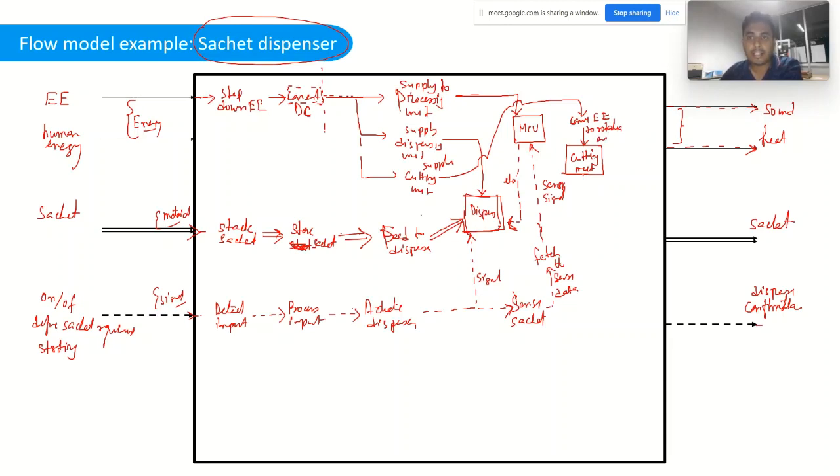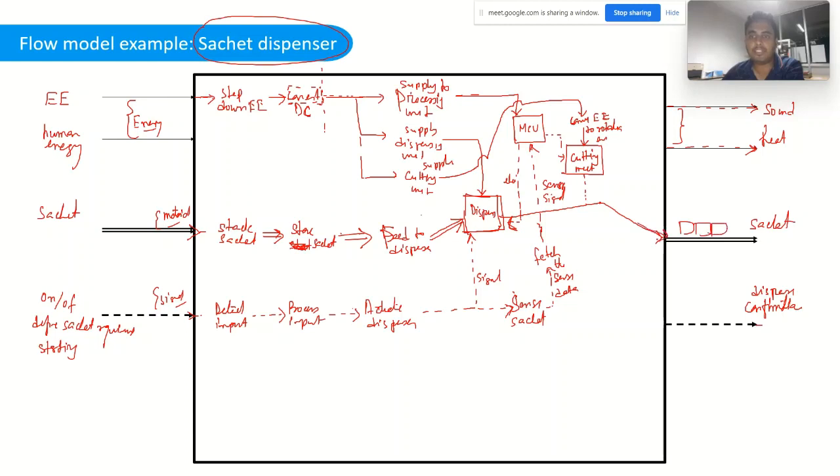When it has cut, it will also stop. So the processor again gives a signal when to stop or cut, and then you dispense the sachets. As an output, you have the cut sachets.